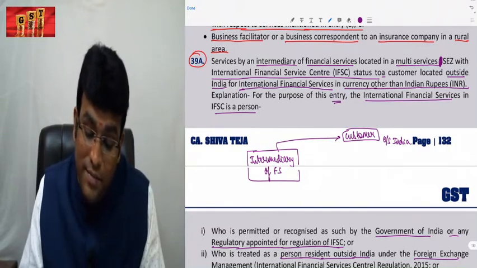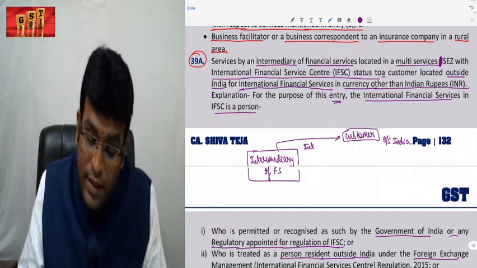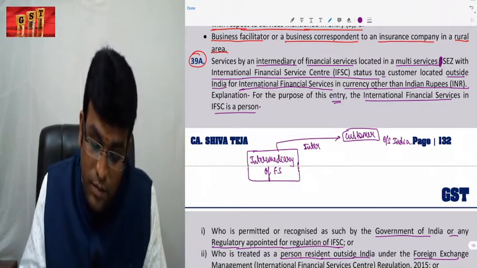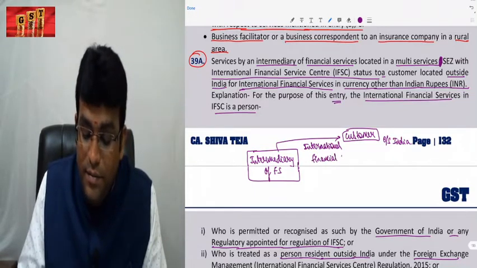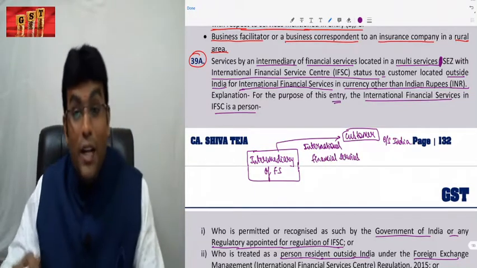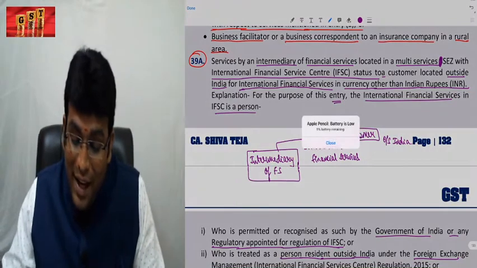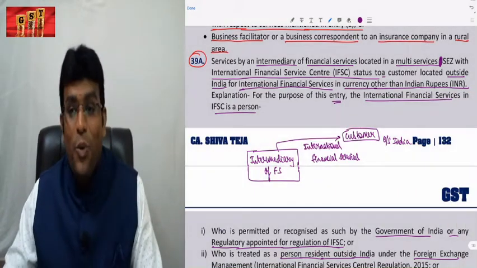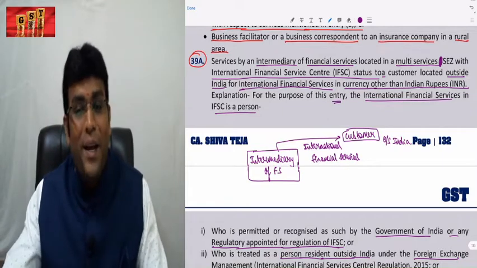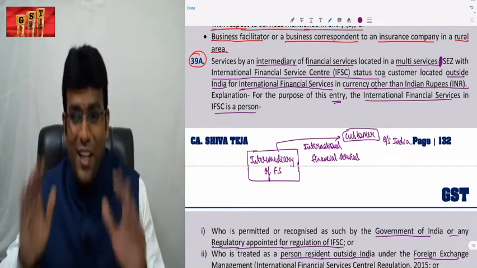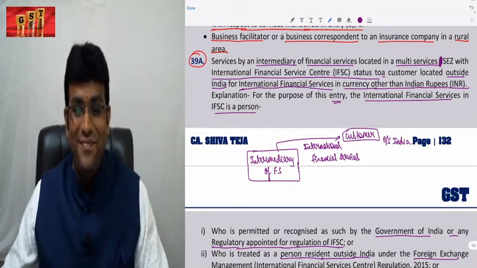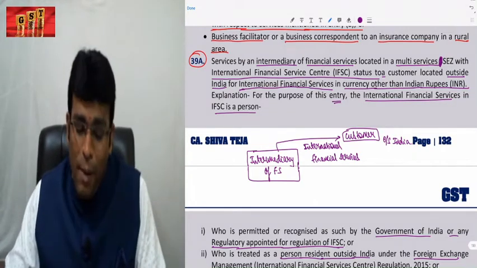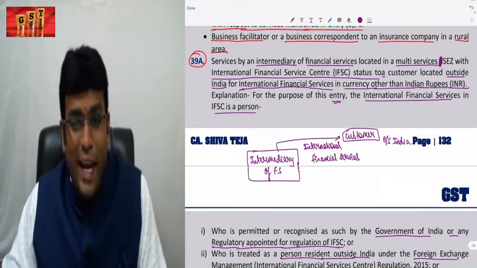Service is basically international financial services, and that too in a currency other than Indian rupees. That too in a currency other than what? Indian rupees. That's it. That is the story of this particular point, my dear friends. We are done with point number 39A.